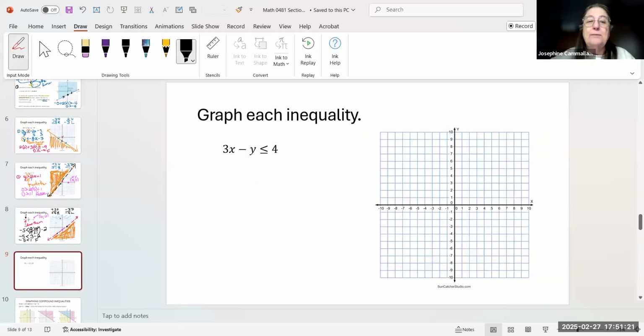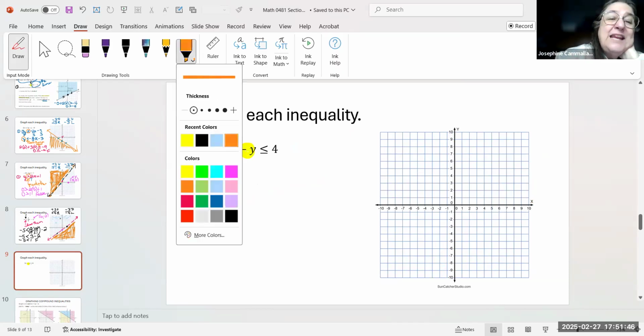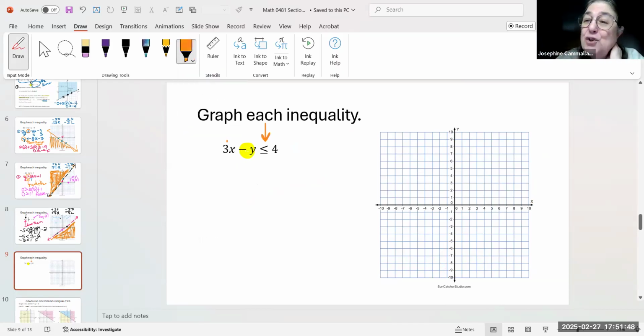Now we're going to do one more. Okay. Now this is where you're going to have to be careful. And you're going to say, why? This is going to be negative. If you remember about negative inequalities, when I divide by a negative number, the symbol right here has got to flip.